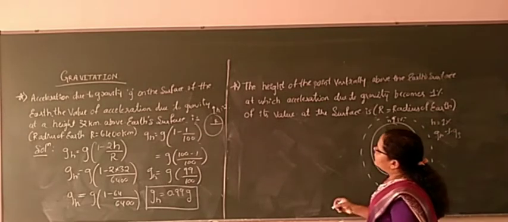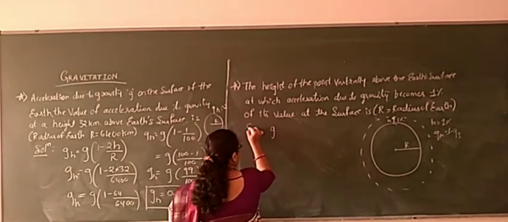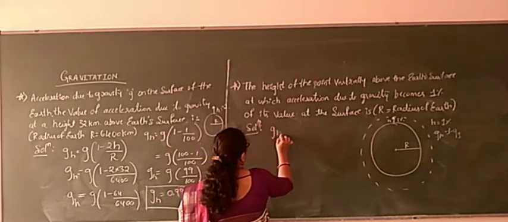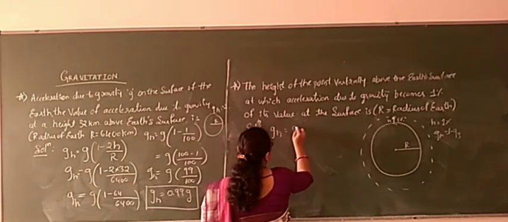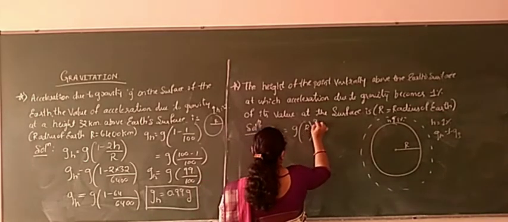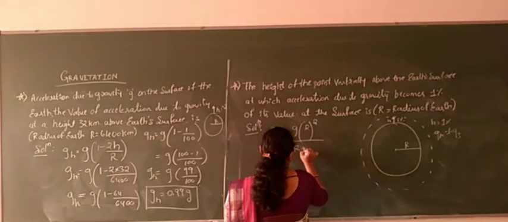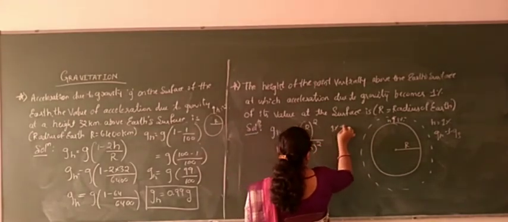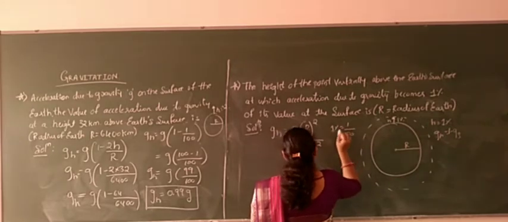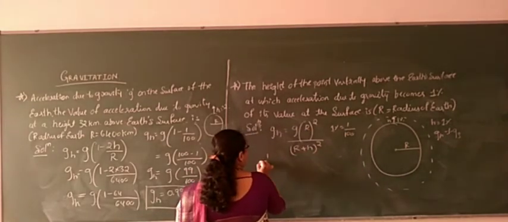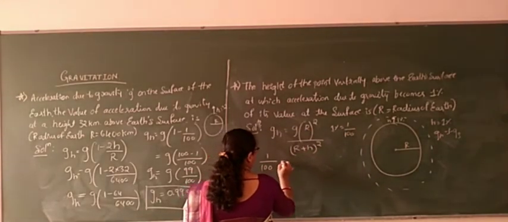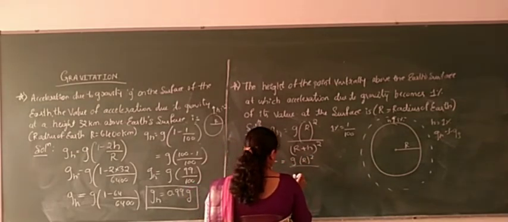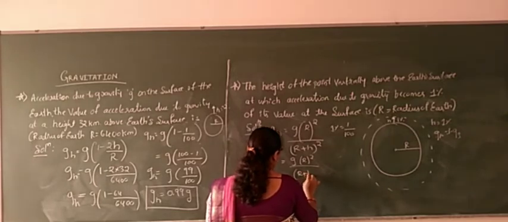Right? Now what will it give? The solution of this problem. g h is equal to g r square divided by r plus h whole square here. As 1%, we will write it as 1 by 100. So 1 divided by 100 is equal to g of r square divided by r plus h whole square.